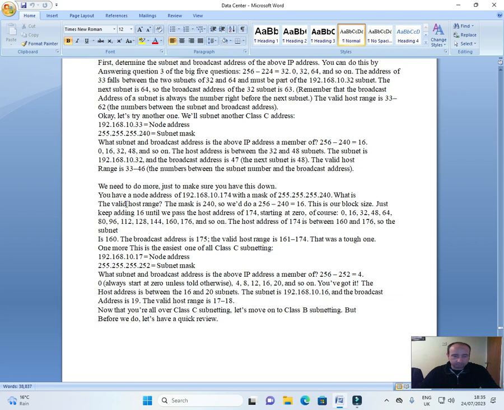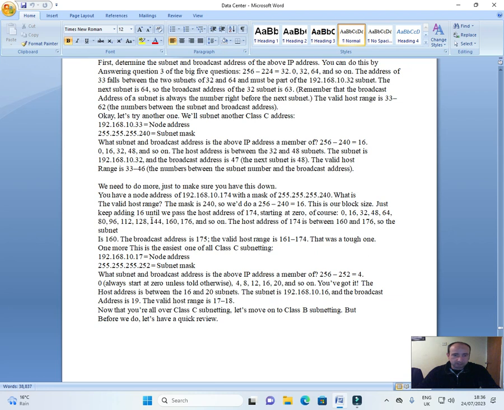We need to do more just to make sure you have this down. You have a node address of 192.168.10.174 with a mask of 255.255.255.240. What is the valid host range? The mask is 240, so we do 256 minus 240 equals 16. This is our block size.